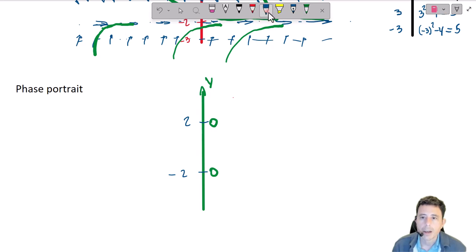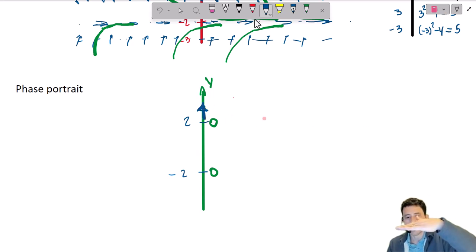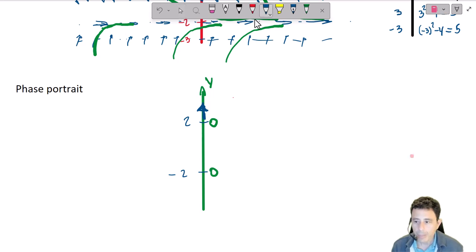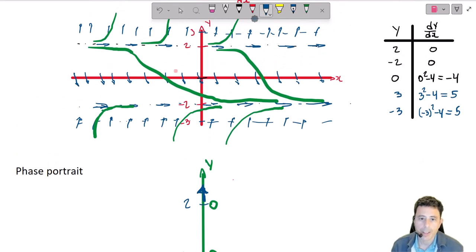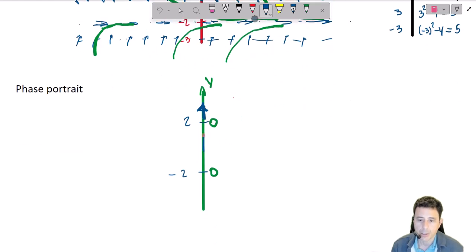And then above 2, the derivative is positive. So this means here it's going up to represent that above that line, the derivatives are positive. And then in between, if you look at what's happening here, in between the derivative is negative. So I'm going to draw an arrow pointing down.